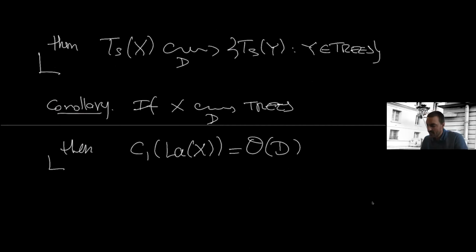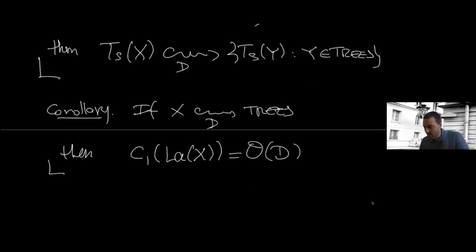The proof is just a couple of steps. You first embed X stochastically into trees. Then you use the key lemma, which lifts these stochastic embeddings to the traveling salesman spaces. Now, these are traveling salesman spaces over trees, so you can use our previous theorem, which says that they embed bi-Lipschitz into L1 with some uniform distortion.